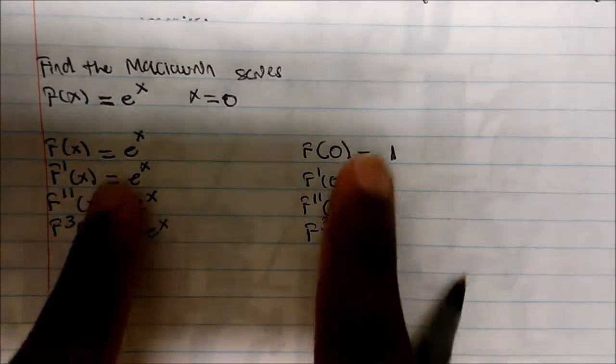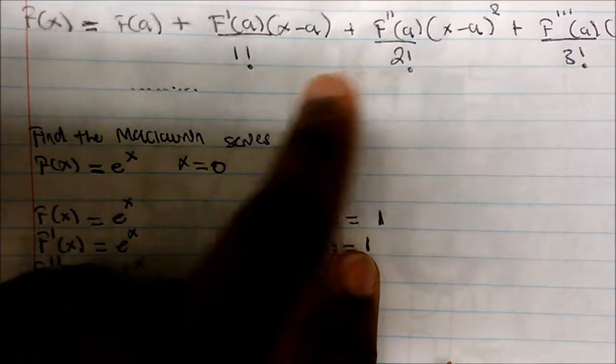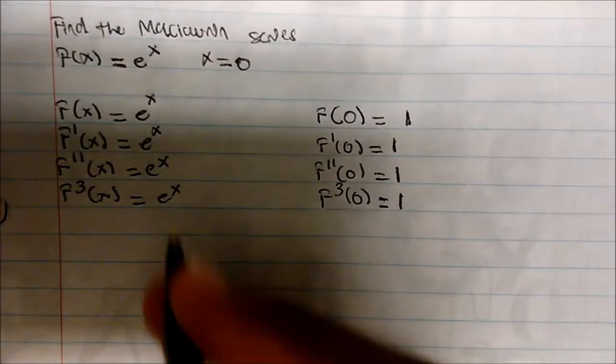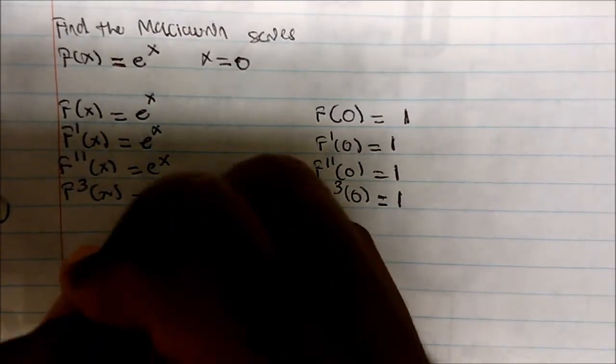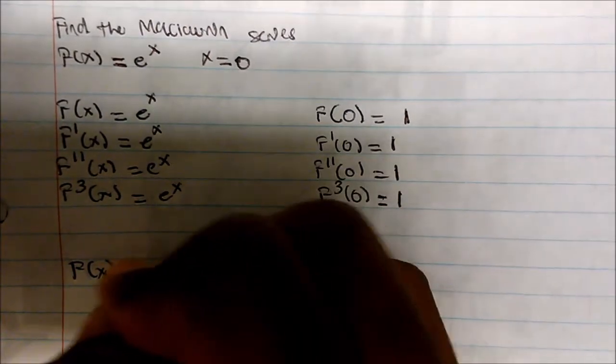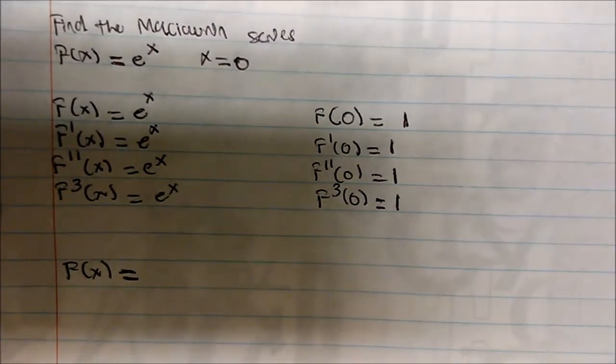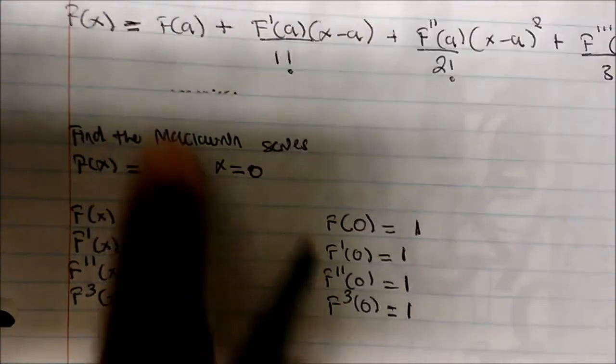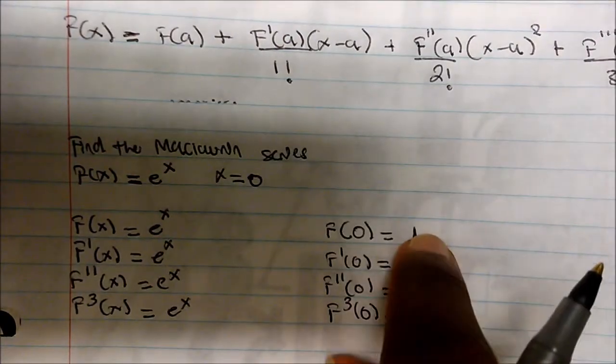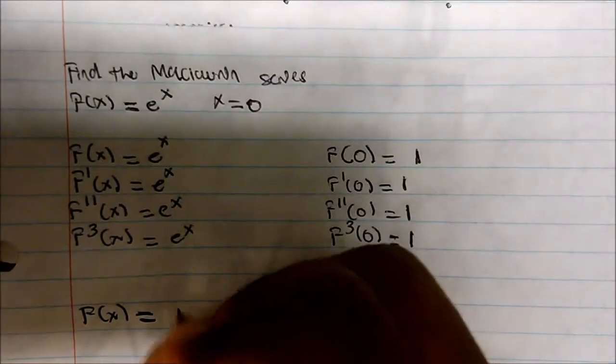The idea is that we're going to take this and plug it into the formula here. The function f of x, which is e to the x, expanded at x equal to 0, starts with f of a. Now a is the number, so f of a in this case is 1. So this is 1 plus, what is f prime of a?